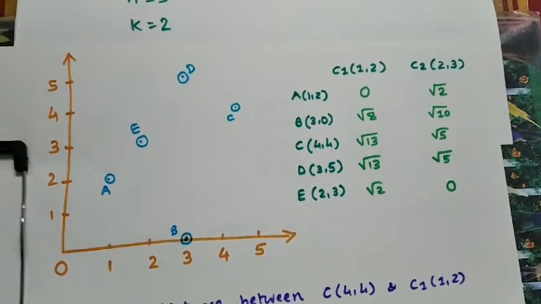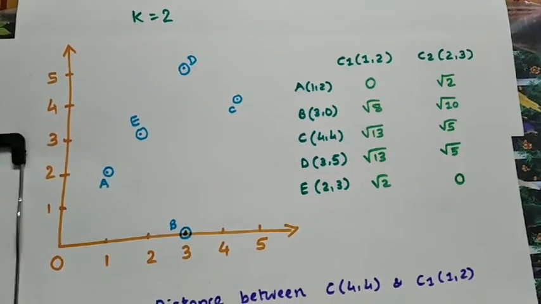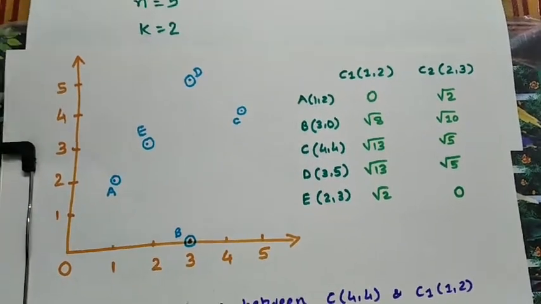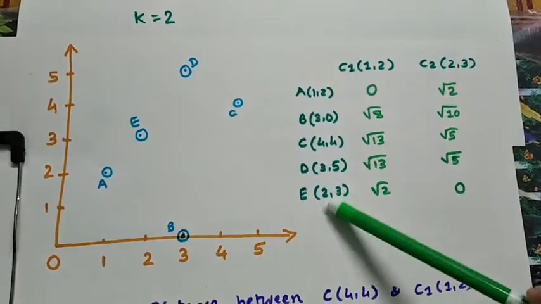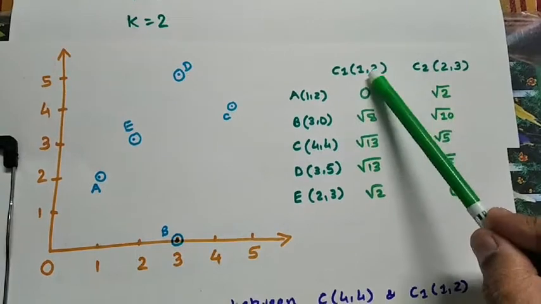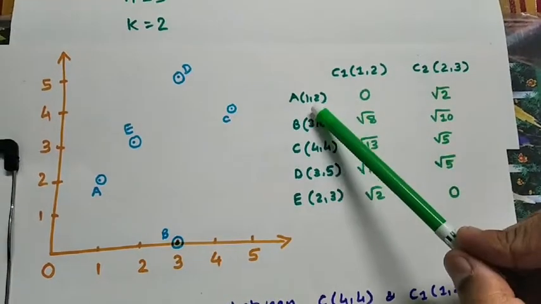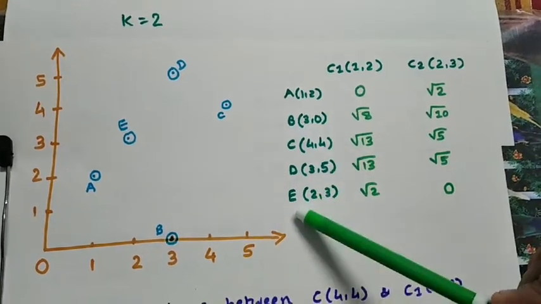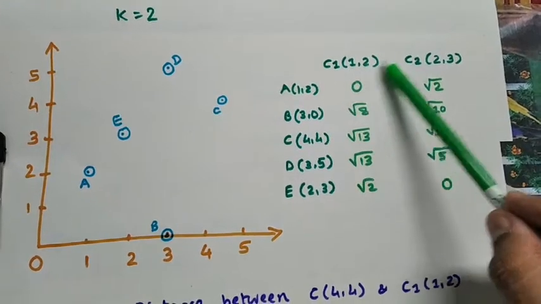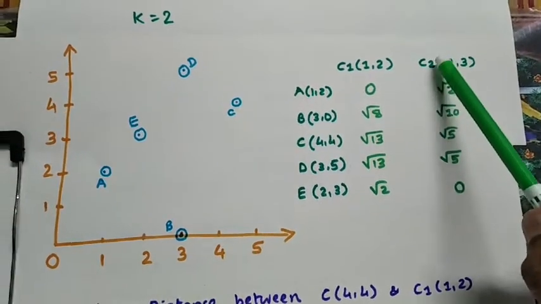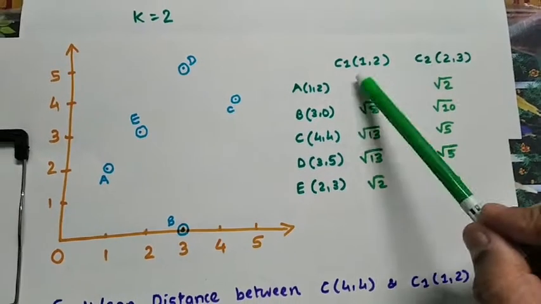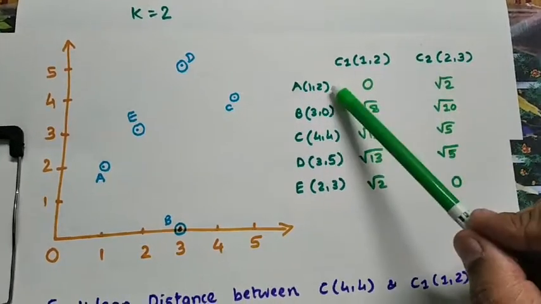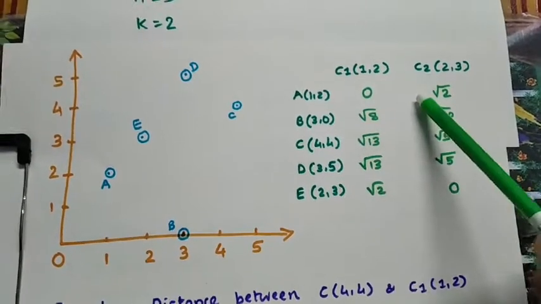Once we do this, we will calculate the distance of each object in our problem with these two cluster representatives. I will calculate the distance of A, B, C, D, E, all the objects from C1 and C2 both. As we know that the K-means algorithm uses the Euclidean distance, I will calculate the Euclidean distance between each pair of these objects.